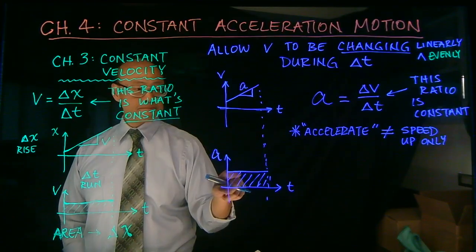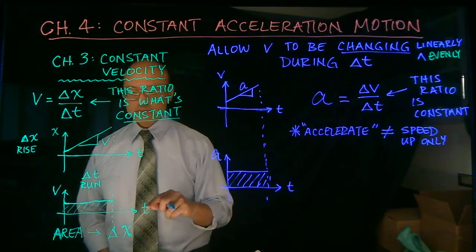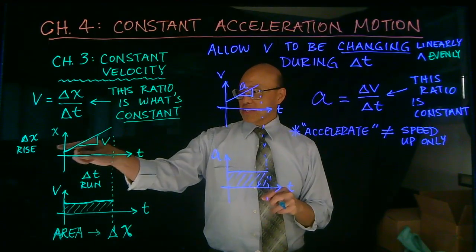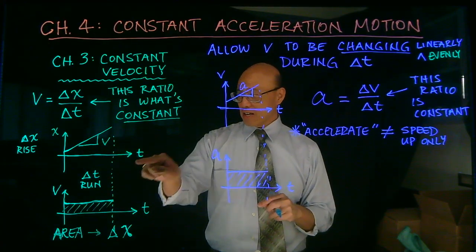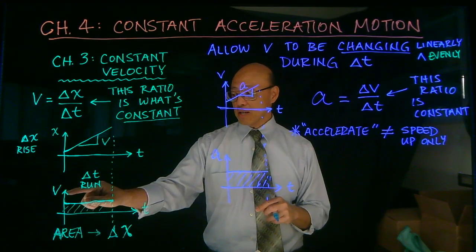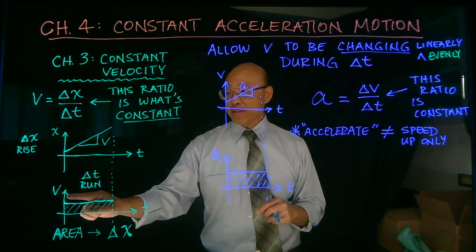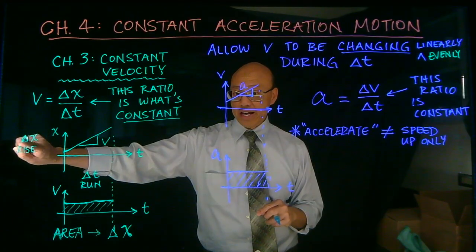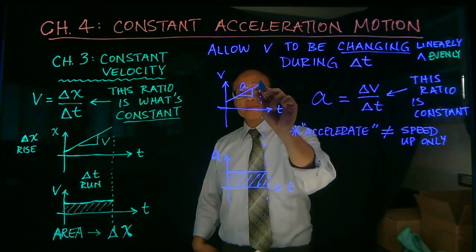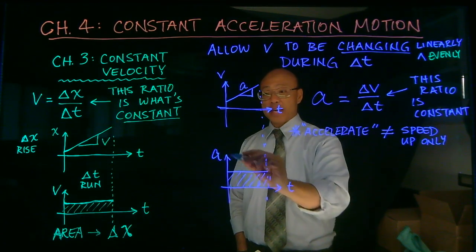Okay, the area under this graph, let's just borrow from chapter 3. xt, vt: slope of x is the value of v, area of v is delta x. Switch out the letters. Slope of vt is this value, a.